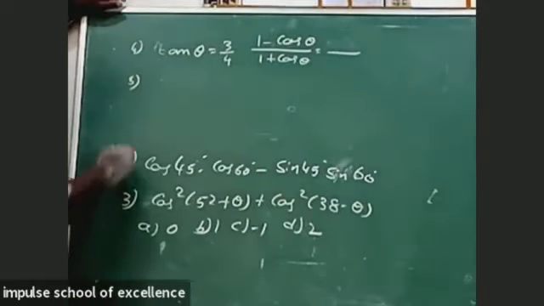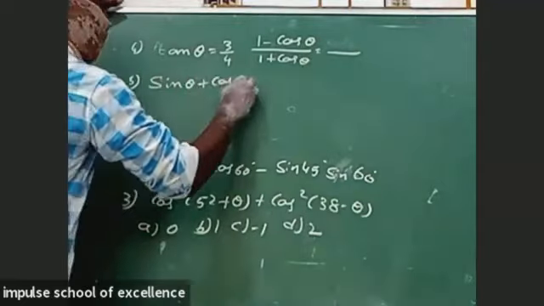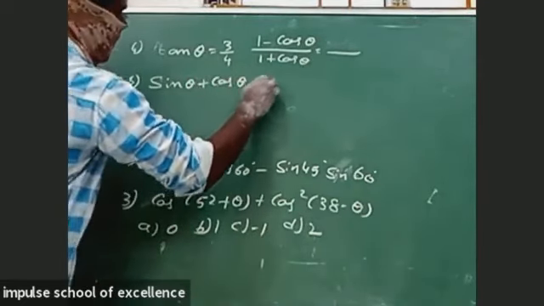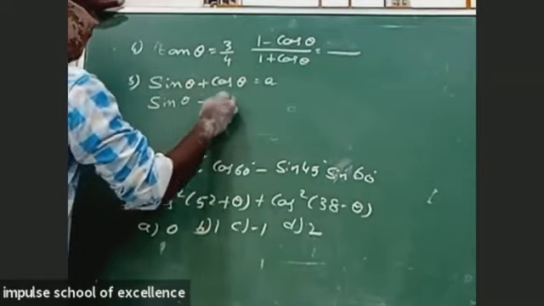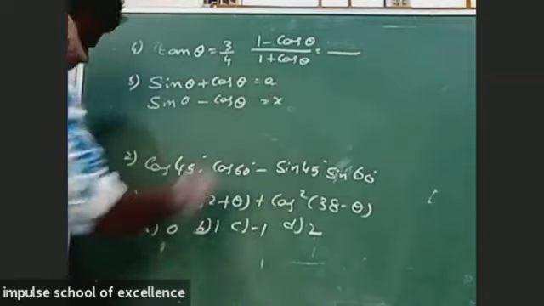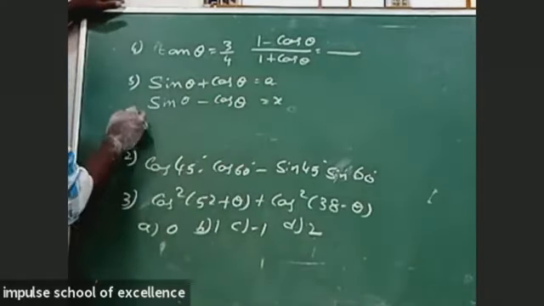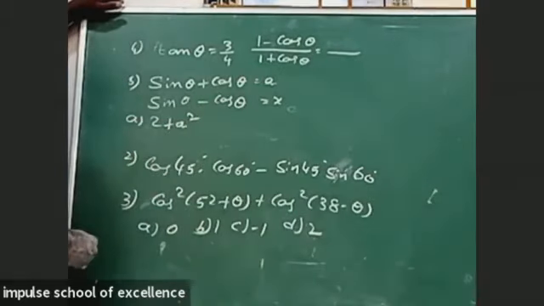And sin theta plus cos theta is equal to A. Sin theta minus cos theta is equal to X. Then option A is equal to 2 plus root 2.